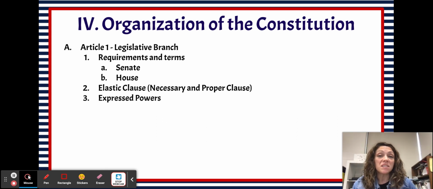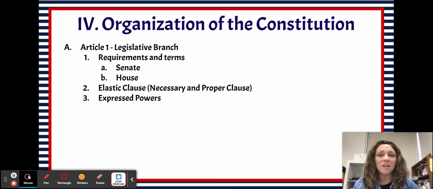We also have specific expressed powers in the Constitution. And if something is expressed, that means it's written down, okay? So an expressed power of Congress can be found in Article 1, Section 8, clauses 1 through 18, okay?